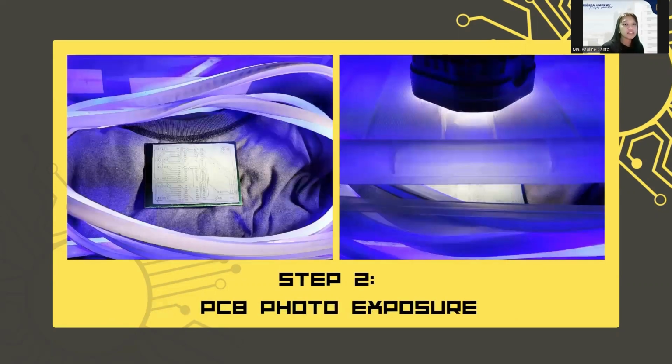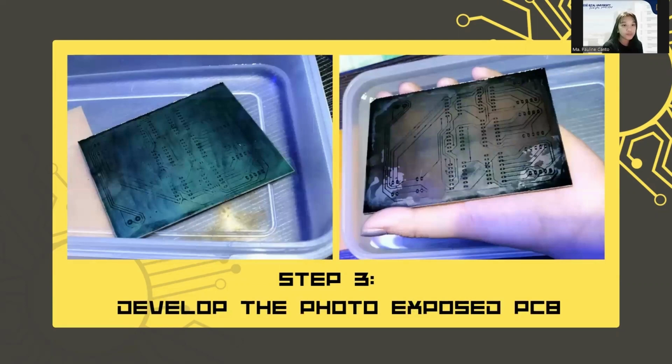Next step is the PCB photo exposure. We used an LED lamp for the exposure process, which has a recommended exposure time of 8 to 10 minutes. For the next step, we develop the photo-exposed PCB using the developing solution that comes from the presensitized PCB pack. We have to mix the solution with tap water in order for it to work.